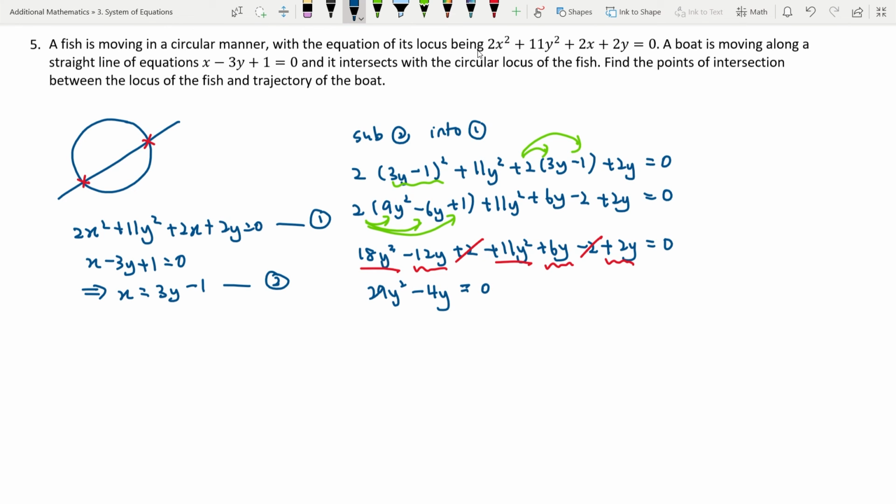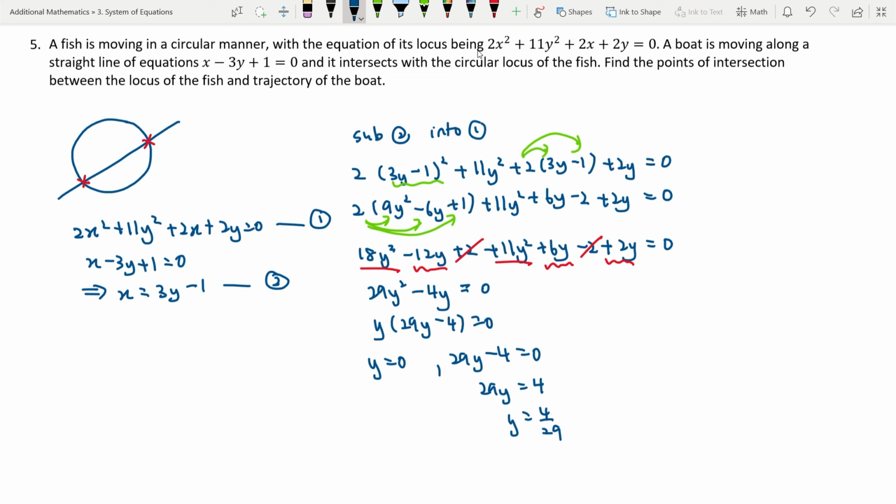We factorize the y outside. y(29y - 4) = 0. Hence, y = 0, or 29y - 4 = 0. 29y = 4. y = 4/29.